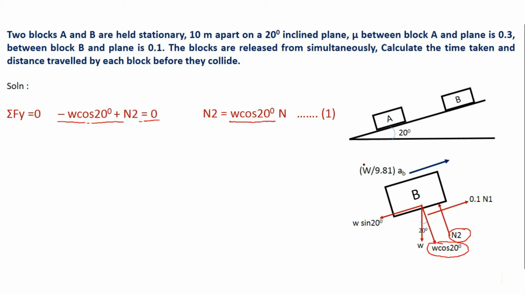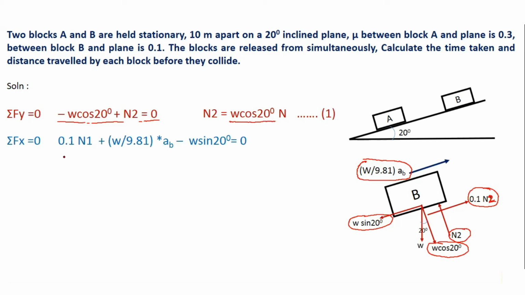Now going for the next condition, that is summation of Fx equal to 0. I have the forces W divided by 9.81 AB, 0.1 N2 and W sin 20. So I will substitute these values and I will get the equation as 0.1 N2 plus W divided by 9.81 AB minus W sin 20 is equal to 0.